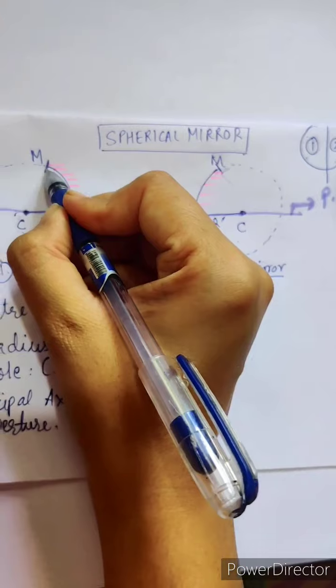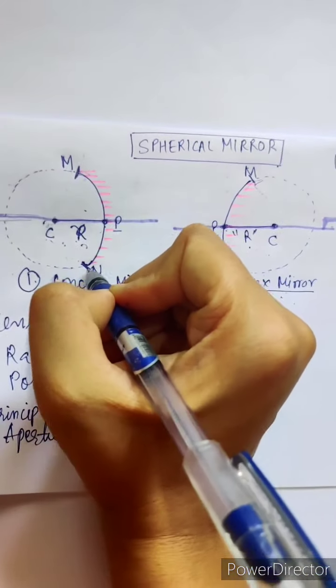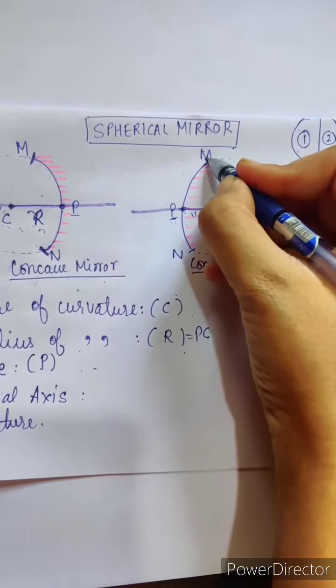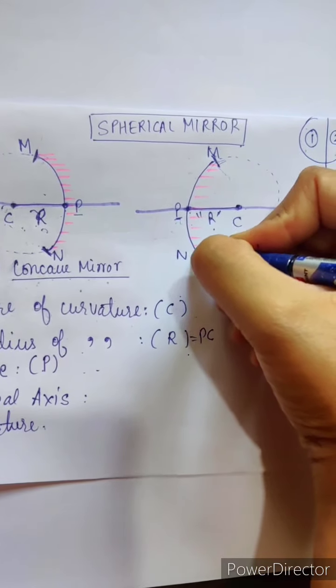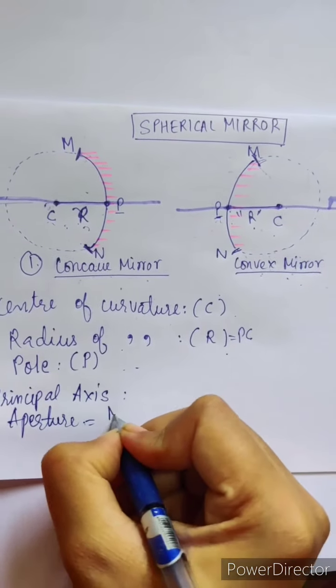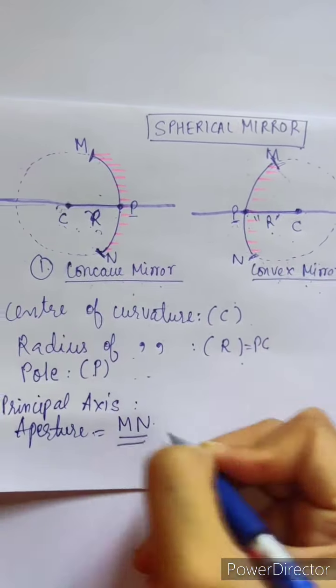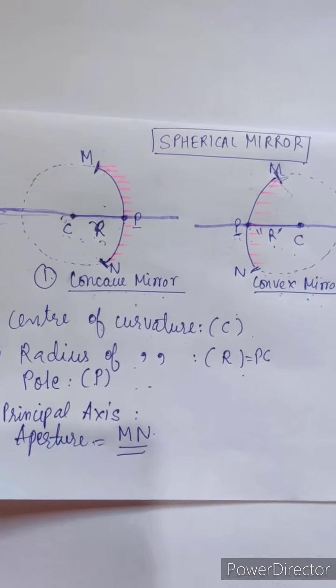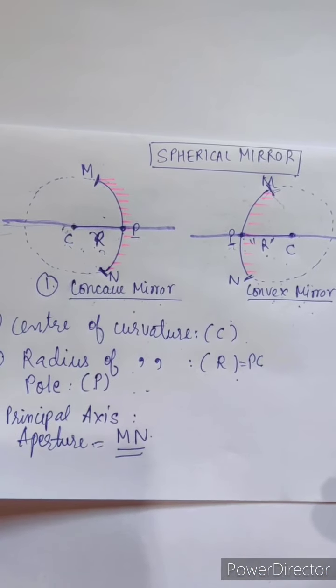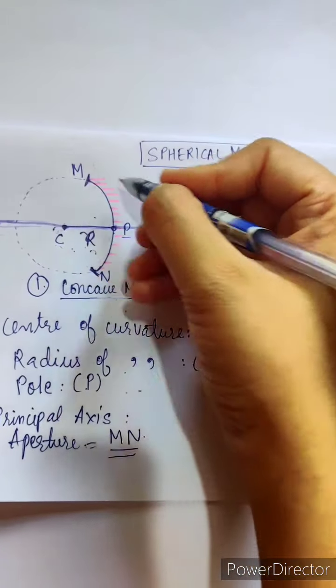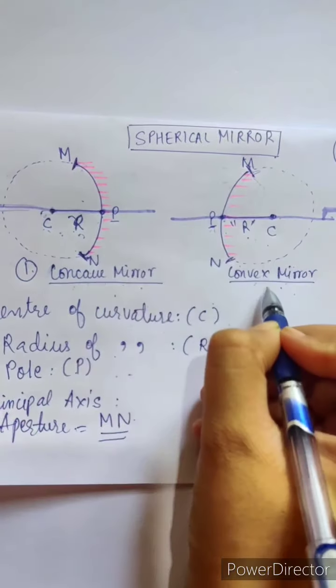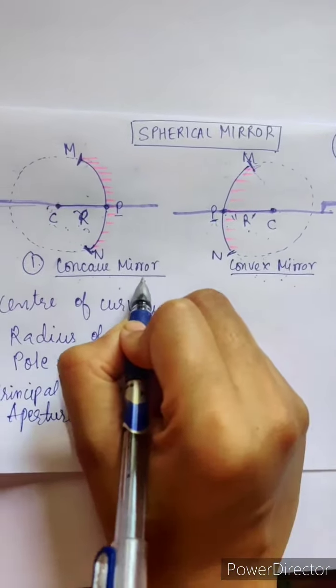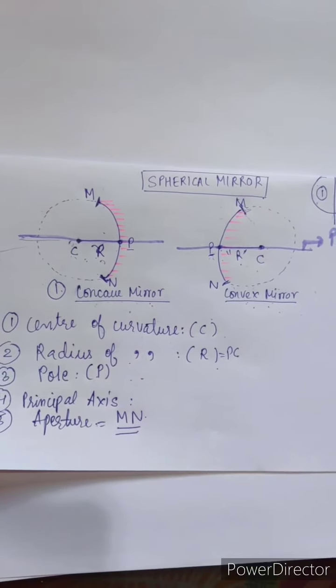So this area from point M to point N, and here also from point M to point N, is termed as aperture. So aperture is the part from where the actual reflection of light is taking place, that is from M till N, in both the convex as well as the concave mirror.